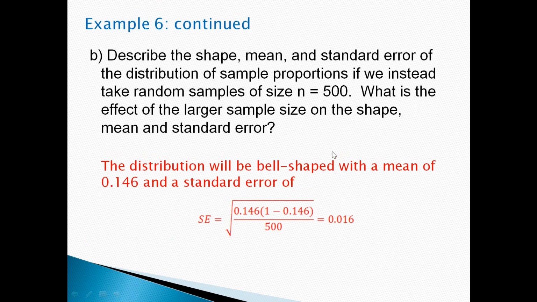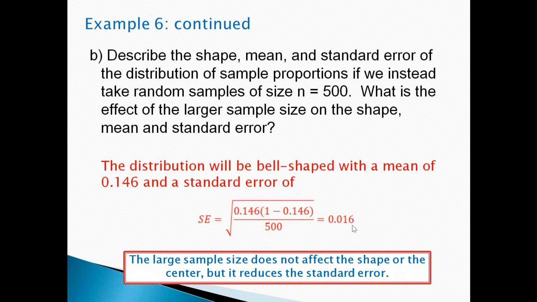In part B, when n was 500, the standard error was 0.016. So you can conclude the larger sample size doesn't affect the shape or the center. It is still bell-shaped and still centered around 0.146. However, it will reduce the standard error. The larger the sample size, the smaller the standard error.